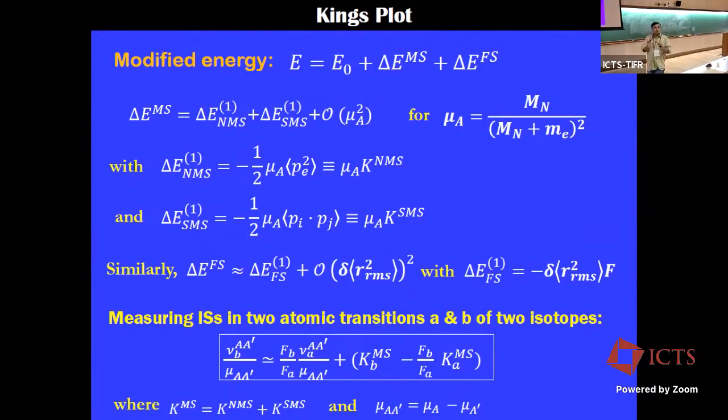There is no such general rule here, because there will be a lot of cancellations, since it is a two-body interaction. It is very difficult to guess how the interactions will behave and what the final outcome will be, unlike hyperfine structure constants, because that is a one-body operator. You can guess that from lithium to sodium to cesium there will be a large enhancement, but here you cannot guess like this. It's not possible.